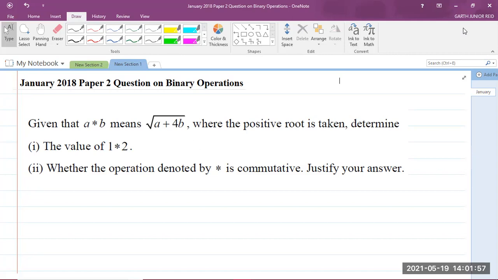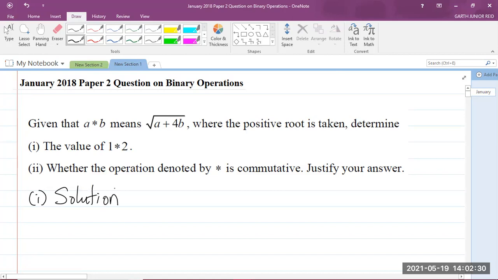The question says, given that a star b means the square root of a plus 4b, where the positive root is taken, determine the value of 1 star 2. Part 2 says, determine whether the operation denoted by star is commutative, and you are to justify your answer. Star is known as a binary operator. So let's do part 1.